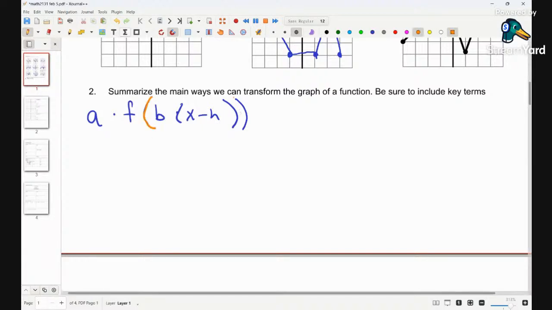This is f, B and H are inside. A and K are outside. So you should be able to say, A does this to a graph if blah. B does this to a graph if blah. H does this to a graph. K does this to a graph.